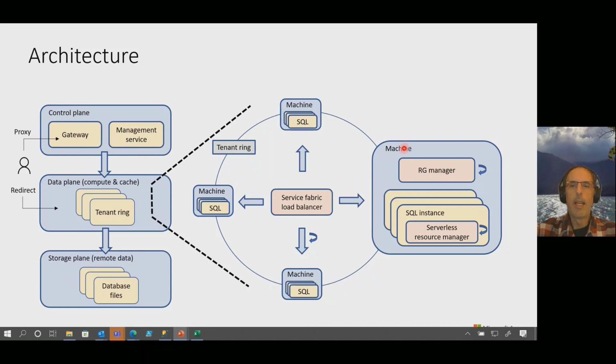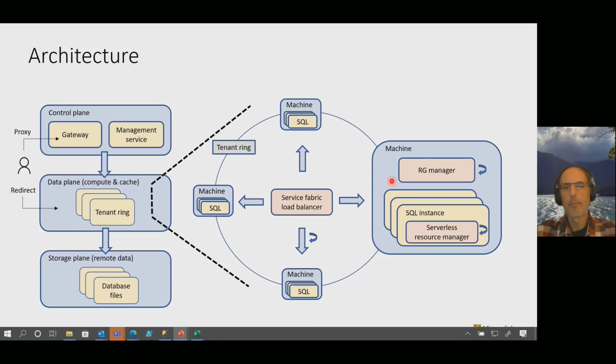Now, on this machine hosting the SQL instances with different serverless databases is RG Manager, which is among its duties performing constant surveillance of utilization of the machine itself, as well as utilization of each of the individual databases that it's hosting. And if it detects a bottleneck, it attempts to resolve it.